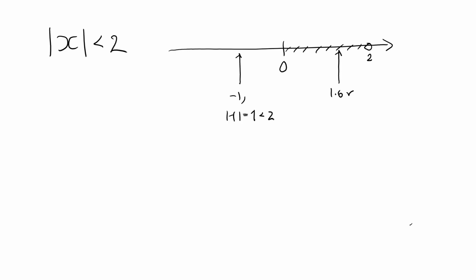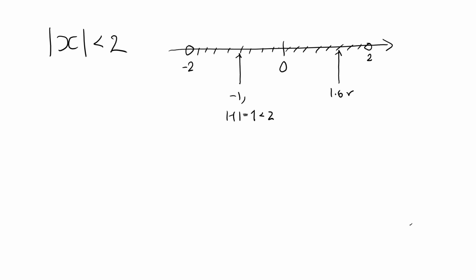Similarly, all real numbers between minus 2 and 0, not including minus 2, will satisfy the inequality. Minus 2 and any number less than minus 2, such as minus 3, will have an absolute value which is 2 or greater, and they will not satisfy the inequality.